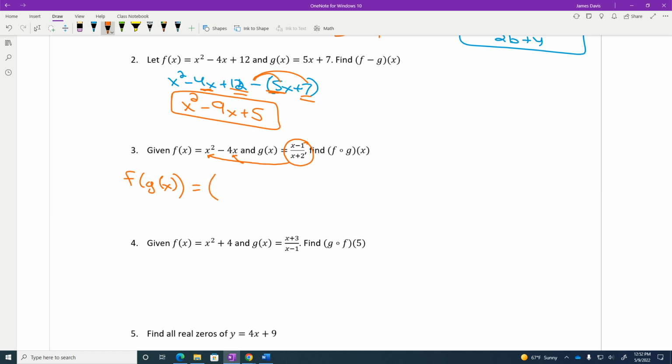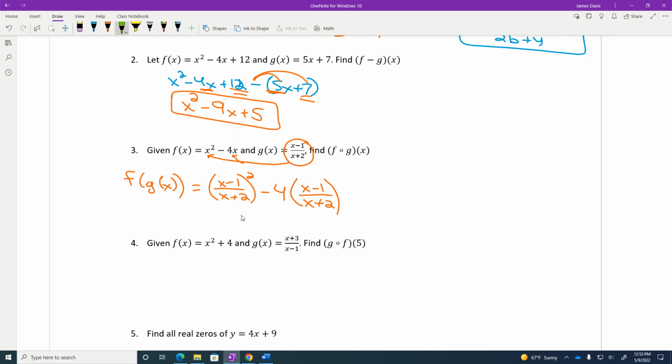So we're going to put in parentheses x minus 1 over x plus 2, whole thing squared, minus 4 times the whole thing again, x minus 1 over x plus 2. We're not going to worry about simplifying that one. This would be multiple choice, and squaring this would be a bit of a challenge. Main thing is to make sure you know how to plug it in.